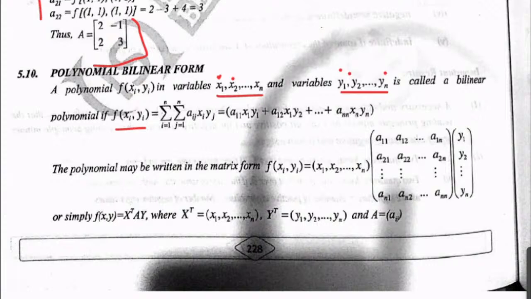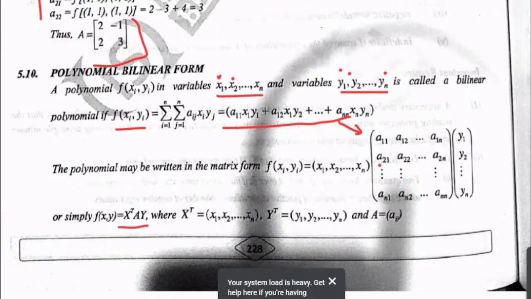We can write this in matrix form. We will get a matrix that is pre-multiplied by the row vector x1, x2 to xn and post-multiplied by the column vector y1 to yn. Or we can say f of x comma y is nothing but x transpose A y, where x transpose is the row vector, y is the column vector y1 to yn, and A is this matrix.